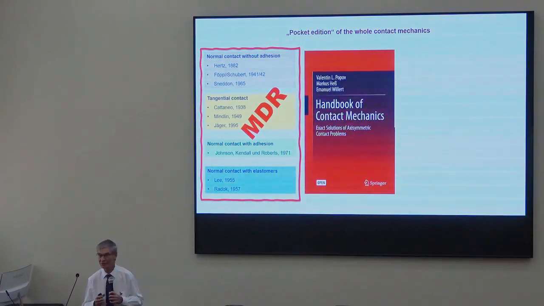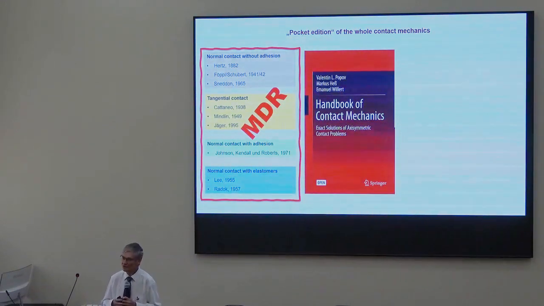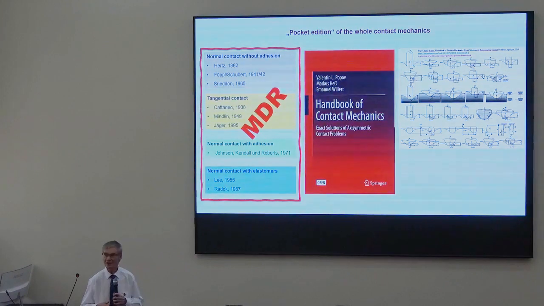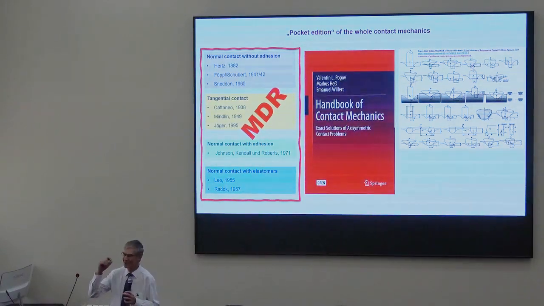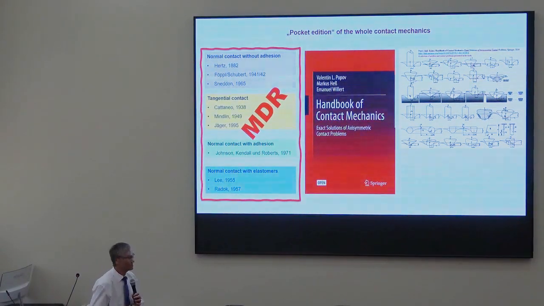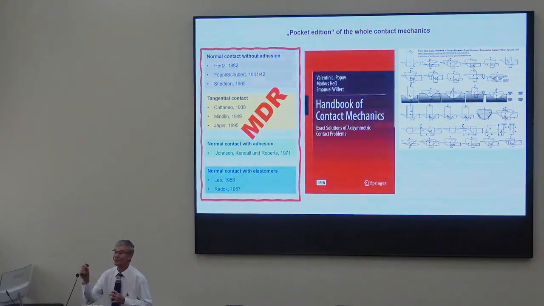All sensible solutions: normal, tangential contact, viscoelastic contacts, adhesive contacts with graded materials, functionally graded materials with various shapes. A selection of shapes is shown here, and there are not only the results, but the complete derivations. In the history, some of these derivations are very, very thick papers, but here there are a couple of lines because MDR simplifies, compactifies this procedure.